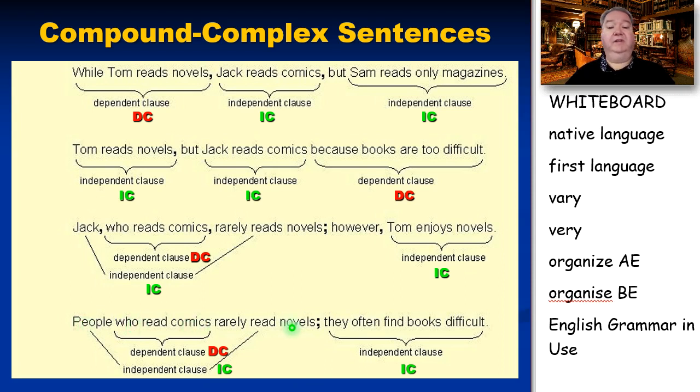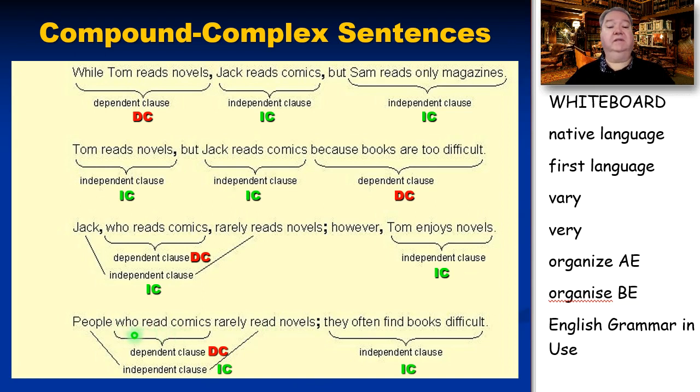And one more here. People who read comics rarely read novels. Semicolon. So, independent clause, they often find books difficult. People who read comics rarely read novels. Where's our independent clause? People rarely read novels. That's an independent clause.